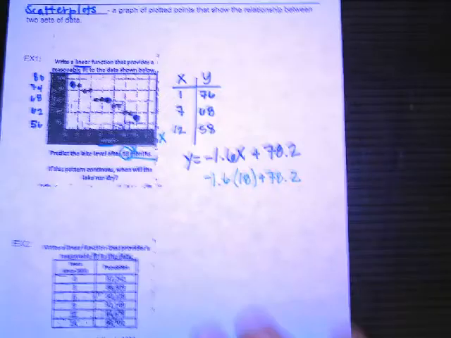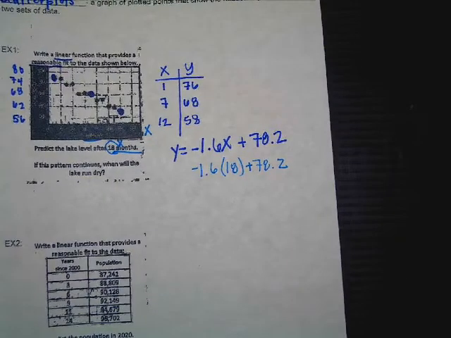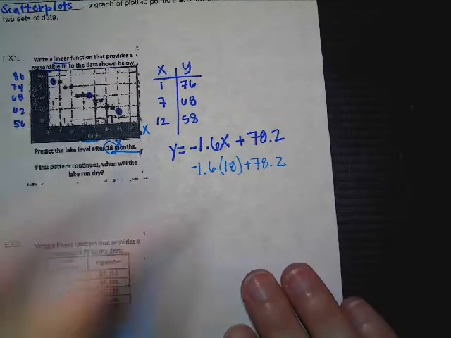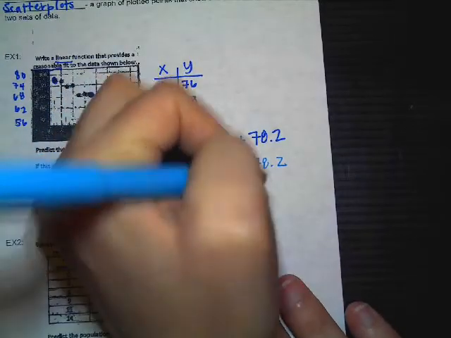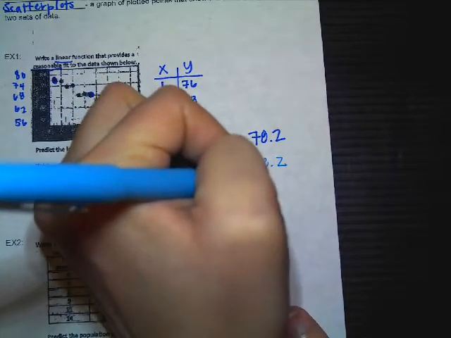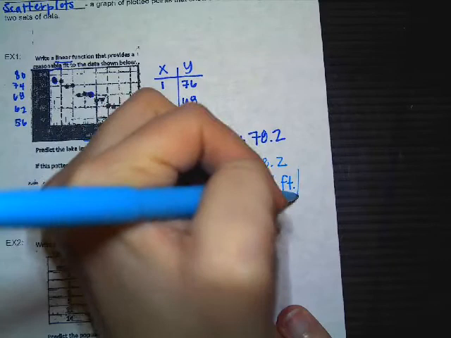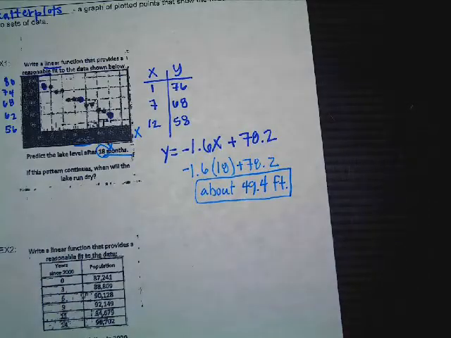So how high is the lake level? 49.4, and you can't tell, but I would assume that's feet. Because it's a reasonable fit, this is not exact, it's an estimate. So it's about 49.4 feet.